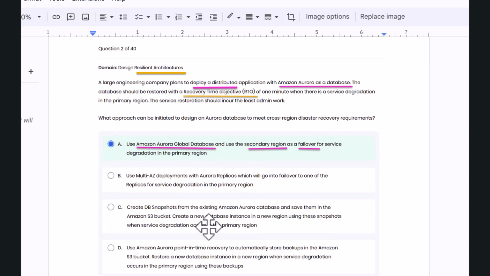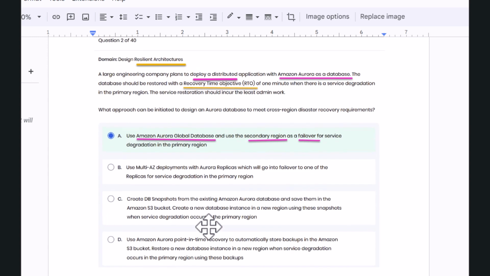The second question. What you have to remember is designing resilient architecture. A company is deploying a distributed application using Amazon Aurora as database. And the database should be restored with a recovery time objective. What approach can be initiated to meet cross-region disaster recovery?